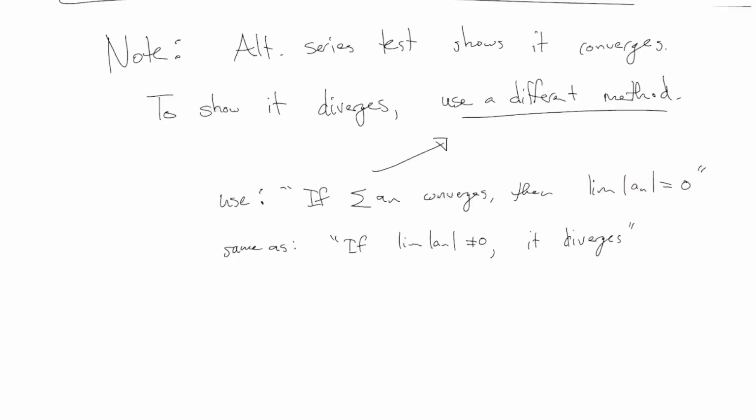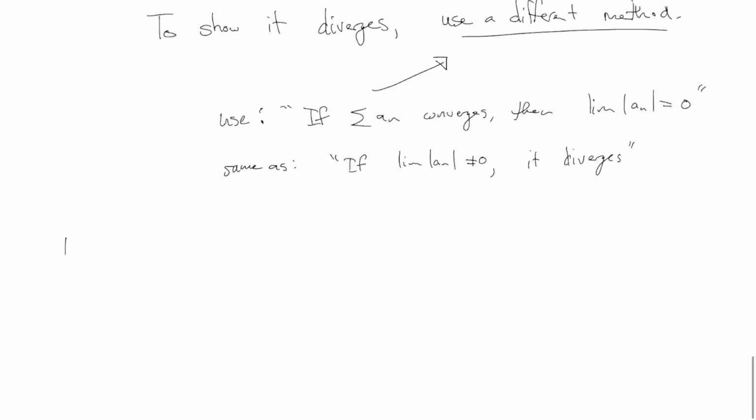So, for example, here's one which diverges. How about we show that this one diverges, -1 to the n. This is very similar to the previous example.